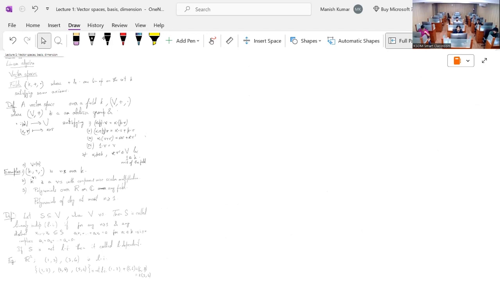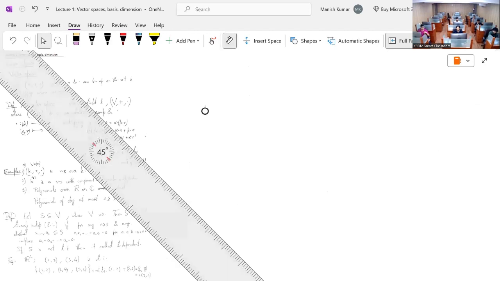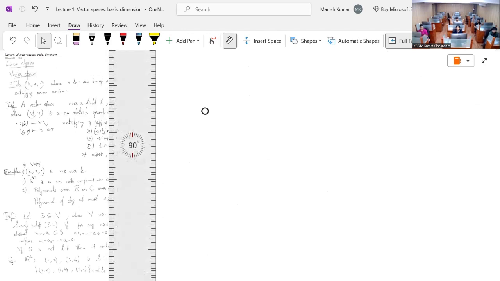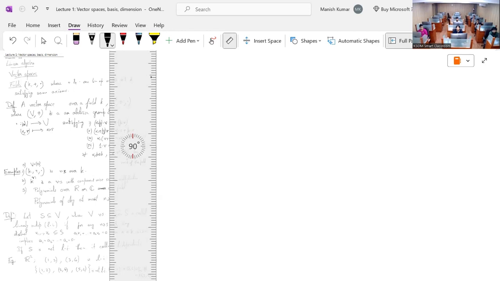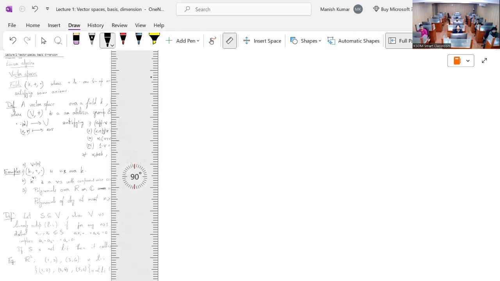There are many equivalent ways to define what a basis is. Is it somewhat visible? If I keep it, is it useful or is it not visible at all?